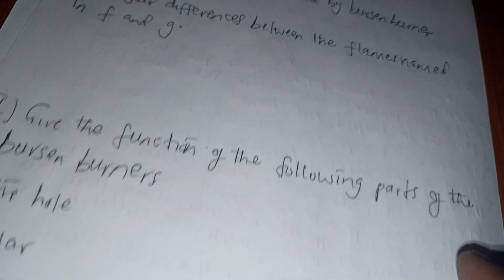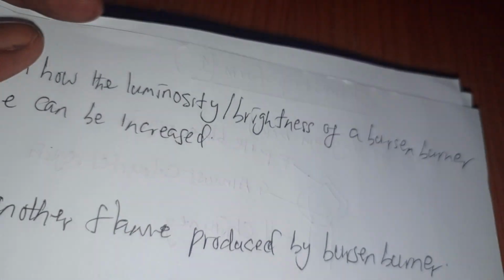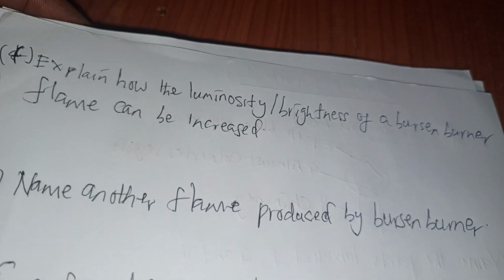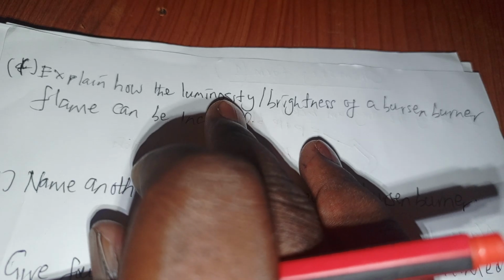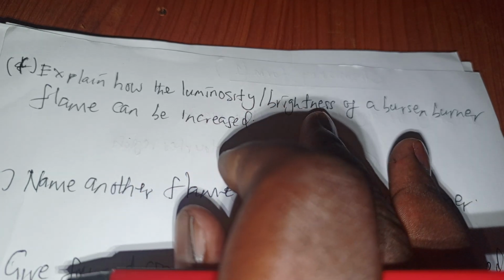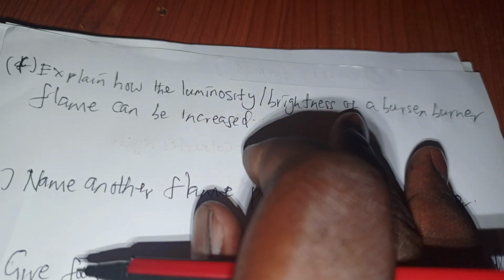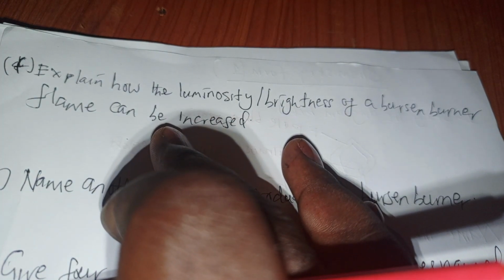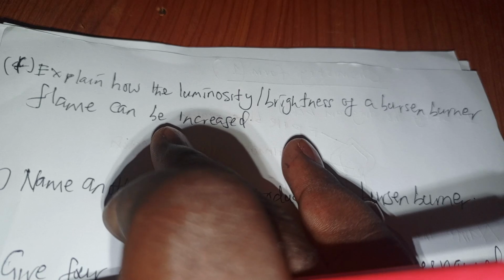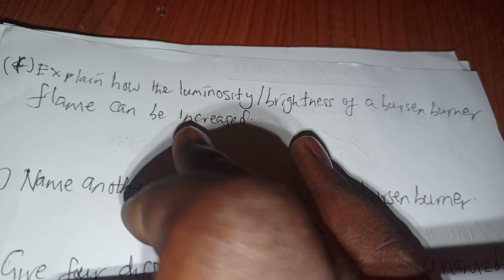We go to the next question. The next question reads, explain how the luminosity or brightness of a Bunsen burner flame can be increased.